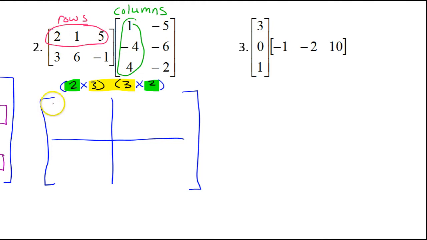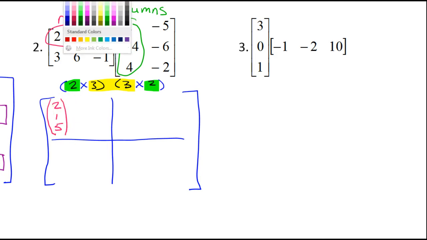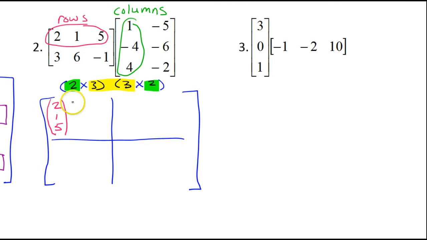So row 1 is 2, 1, 5. Okay, column 1 is 1, -4, 4.